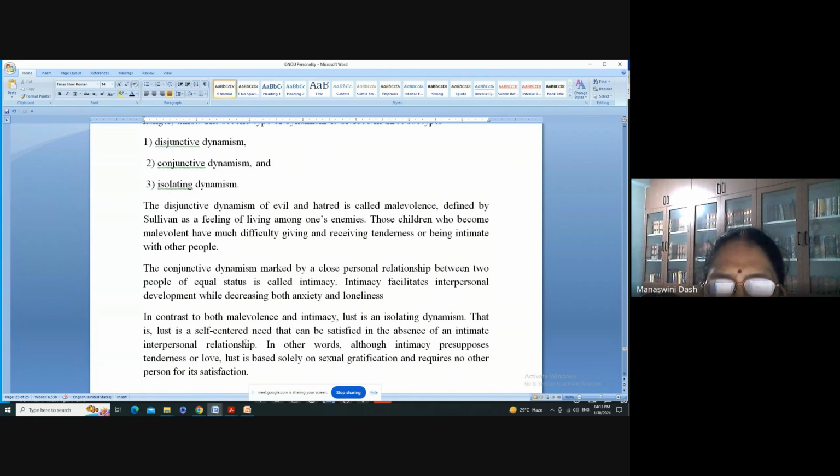And there are isolating dynamisms, which constitute our self-centered needs, or those needs that can be satisfied in the absence of intimate interpersonal relationship. For example, he gives the example of lust. Lust can be satisfied even in the absence of love.